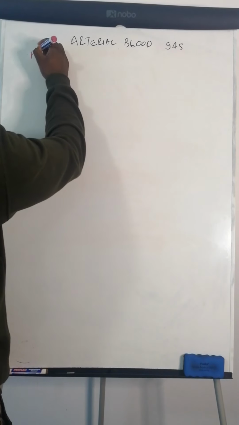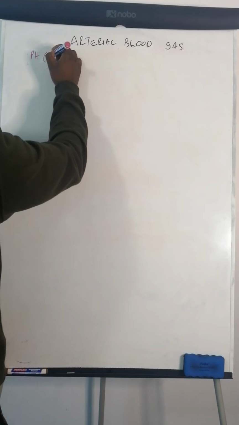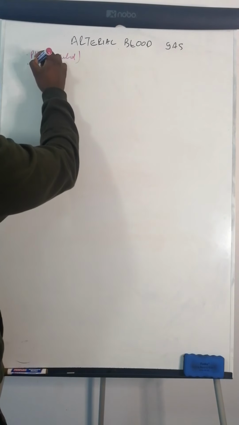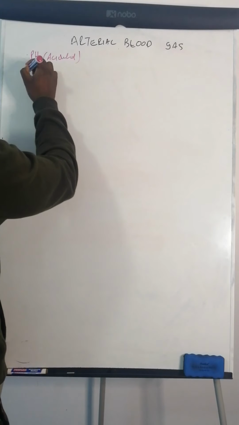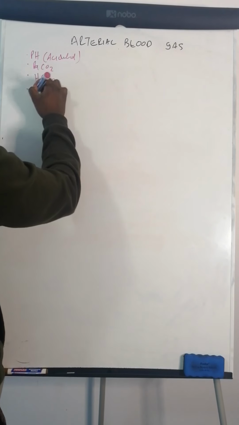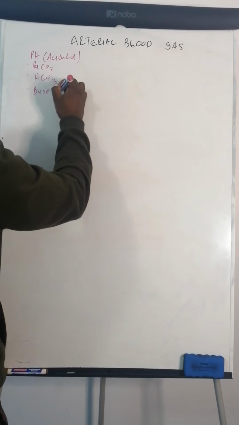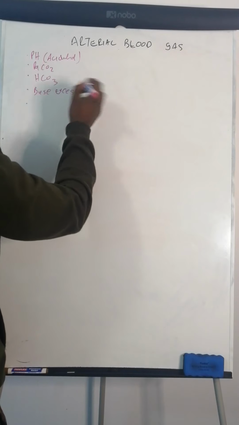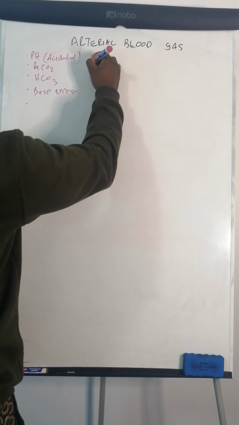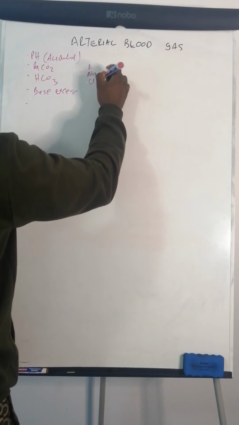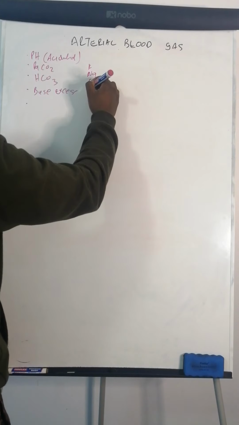The common things that the analyzing machine looks at on an arterial blood gas sample: it looks at pH, which is acidity. It looks at the partial pressure of carbon dioxide. It looks at bicarbonate. It also looks at base excess. It also looks at electrolytes like potassium, sodium, chloride, and also lactic acid.